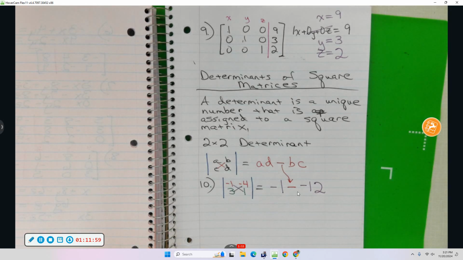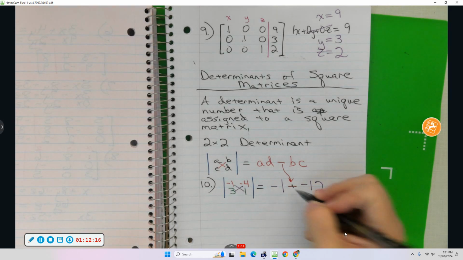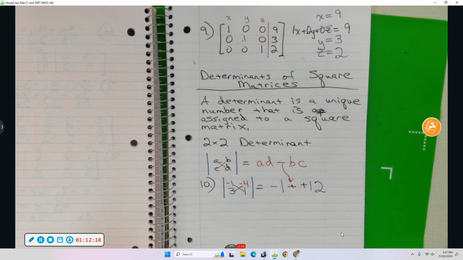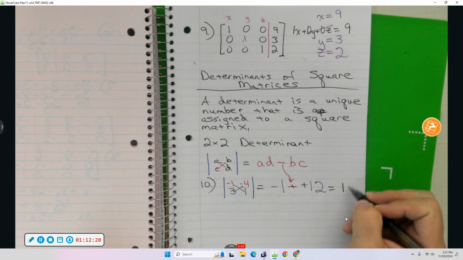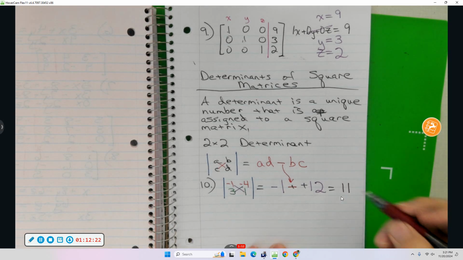Watch out for those double negatives. This red minus came from the formula. -4 times 3 gave me a -12. -1 minus a -12, that's -1 plus 12, which gives me a positive 11.